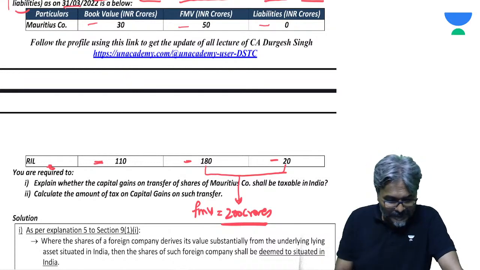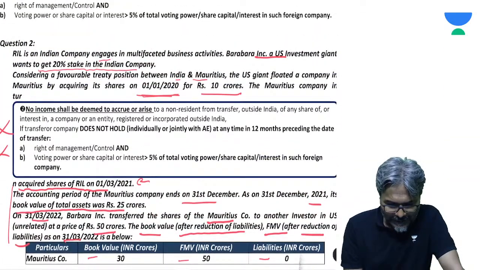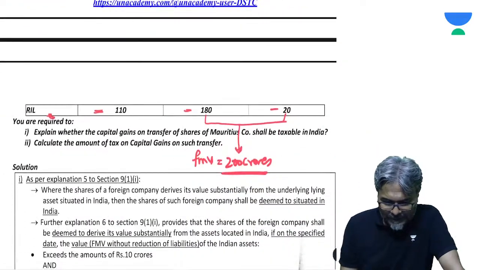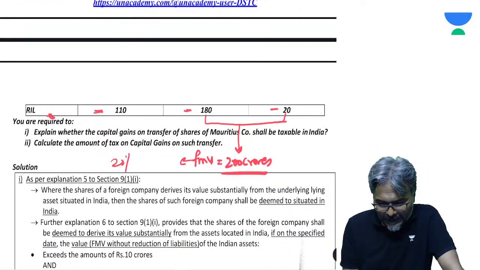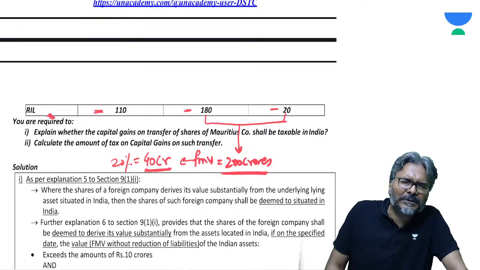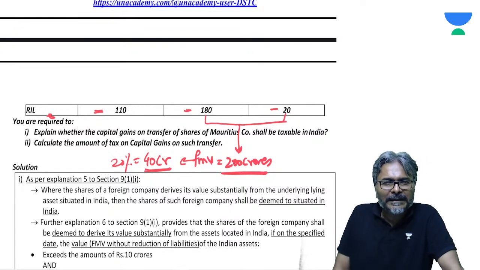The stake is 20%, students. Just at the start of the question itself, they wanted to get the stake of 20%. So if the stake is 20%, in this case, 20% of this would become how much? 40 crores. The total fair market value of the investment in the Indian company is how much?